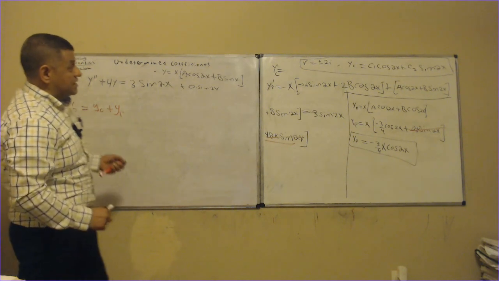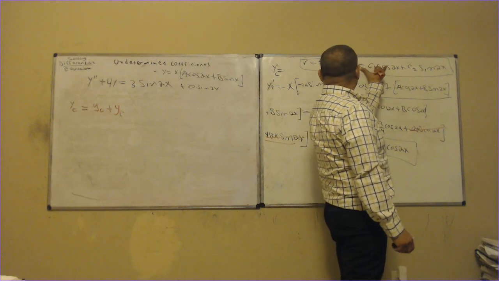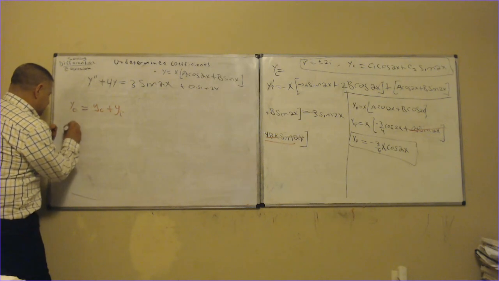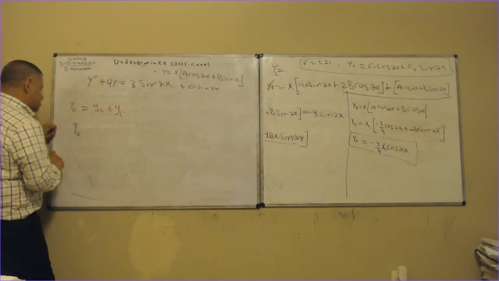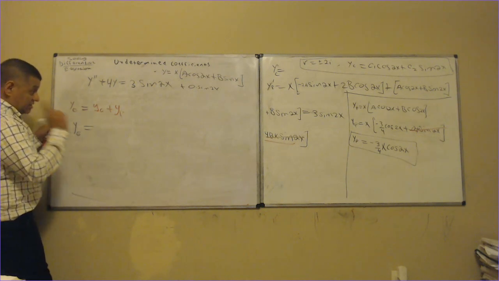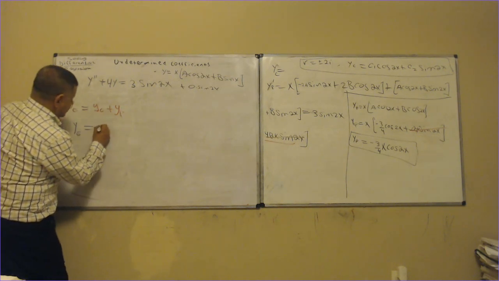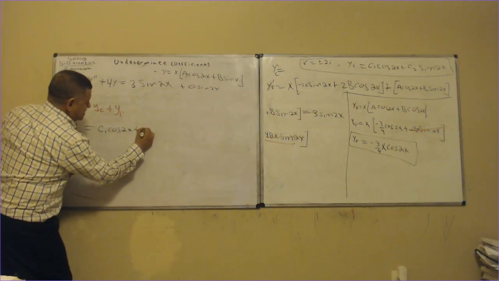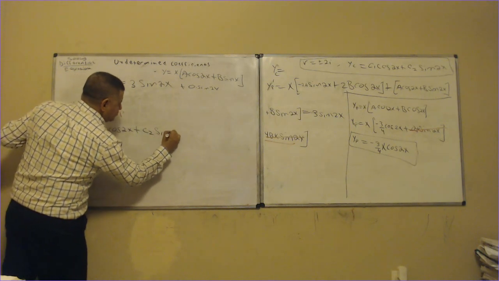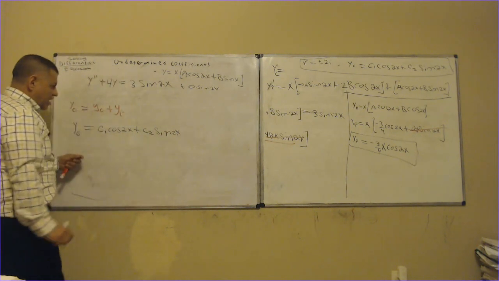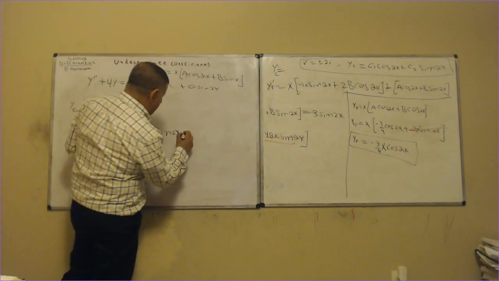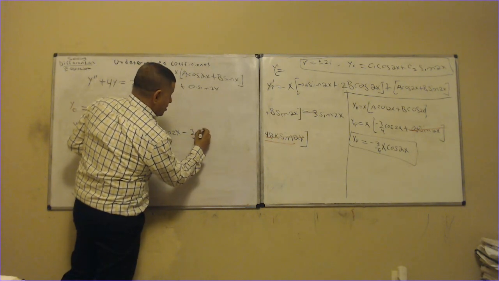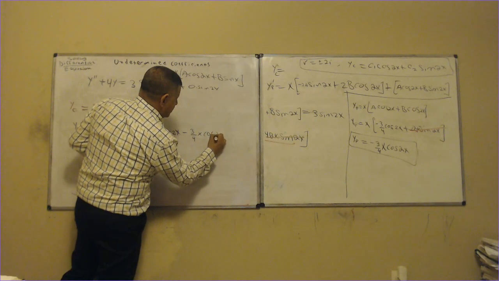Do we have them? Yes. I got my y sub c, then I got this. So my general solution, y sub g, is equal to c1 cosine of 2x plus c2 sine of 2x, plus, or in this case, minus 3/4 x cosine of 2x.